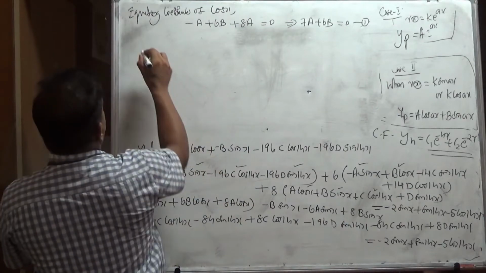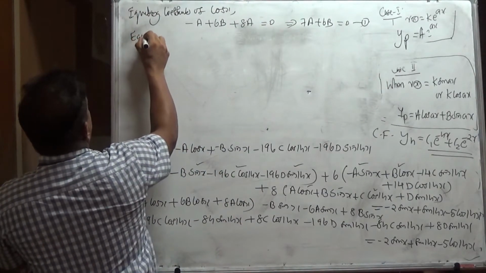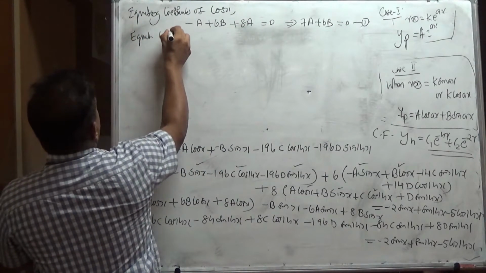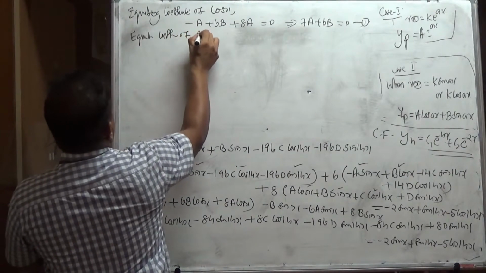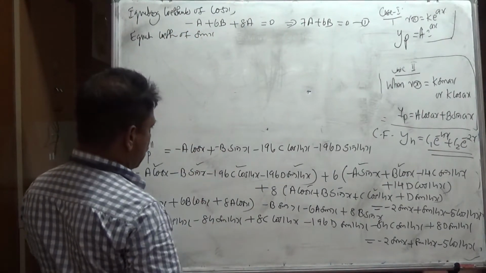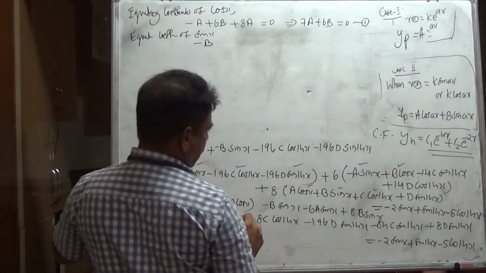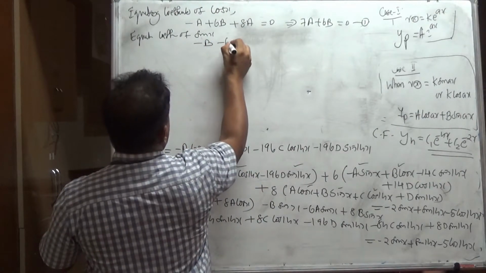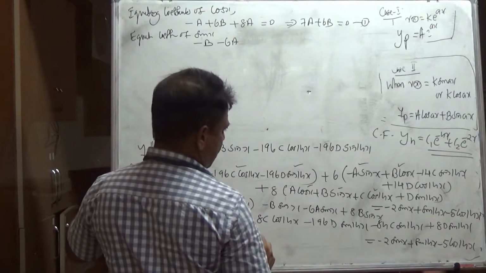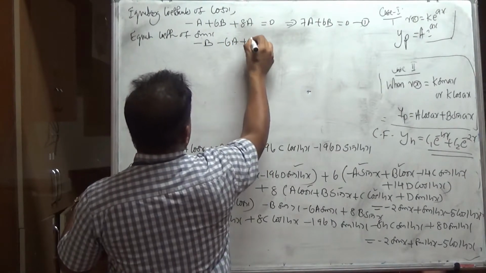Then equating coefficients of sin x: minus b minus 6a plus 8b.